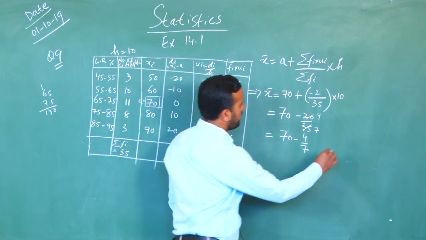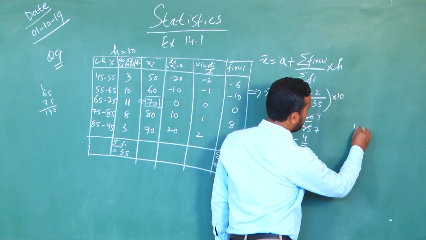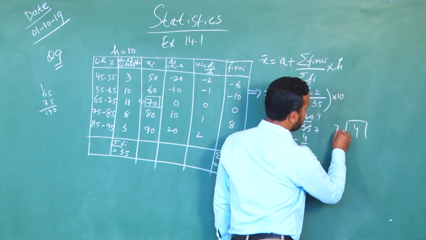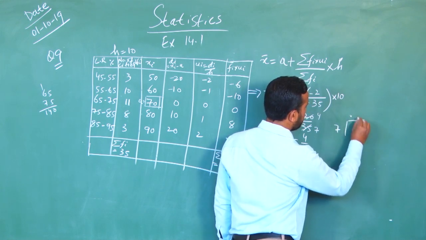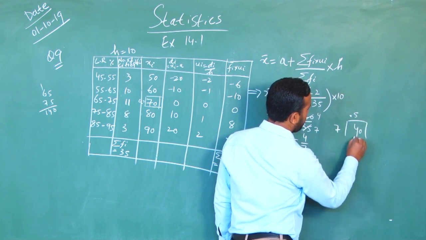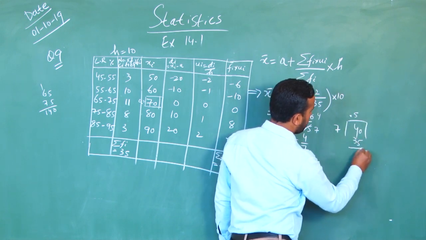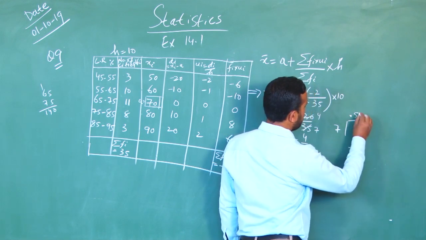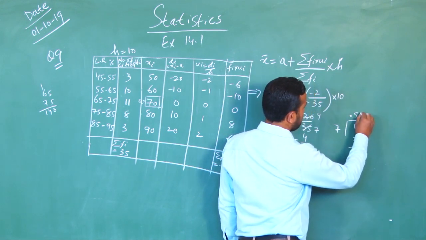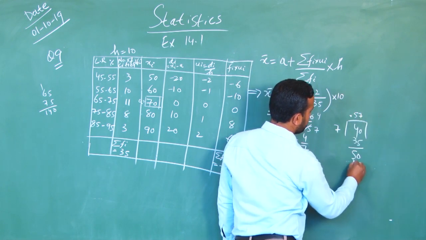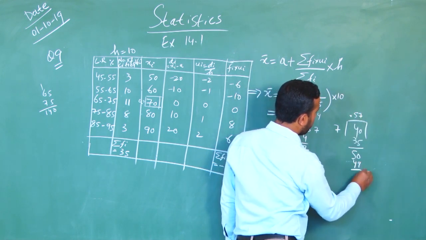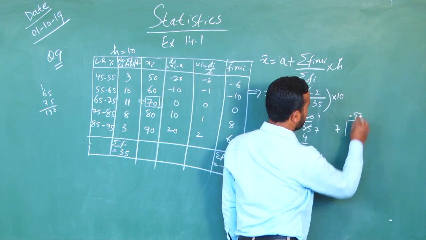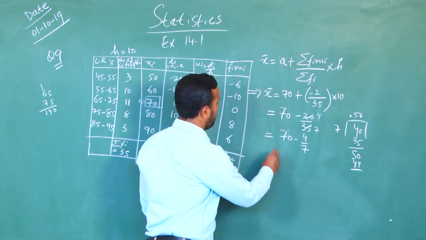Now we can go for the division. 4 divided by 7 will be 0.0, then 7 5s are 35, it will be 5, further we can bring down a 0 here, so 7 7s are 49.